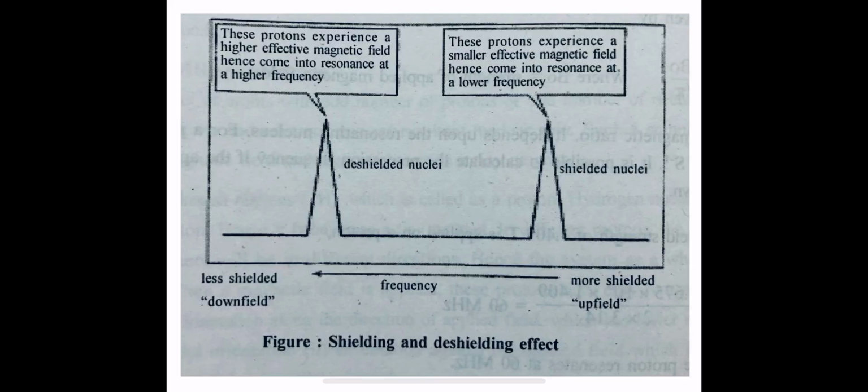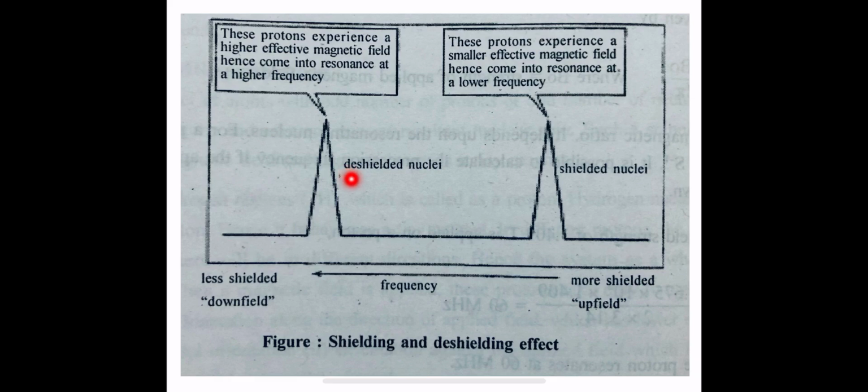This is how we can represent it. Here this arrow mark shows the increase in frequency. In the case of shielded nuclei, since the proton experiences a smaller effective magnetic field, resonance at lower frequency is observed, and that is why it is called more shielded or upfield.